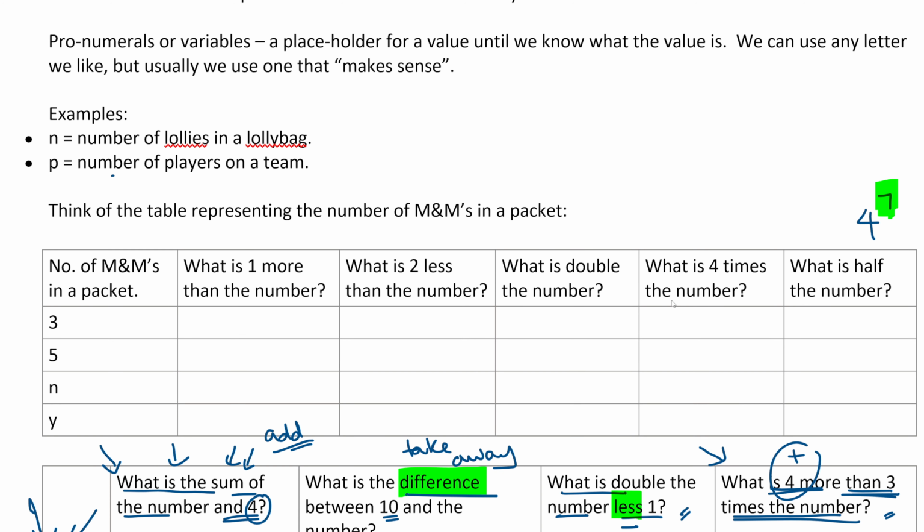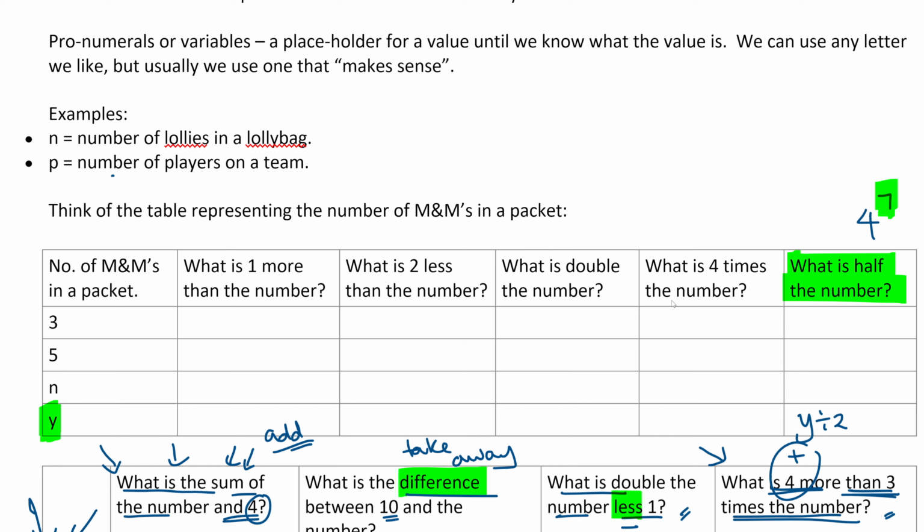What is half the number? If the number is y, halving means dividing by 2, so it will be just y divided by 2. We just leave that as it is because we don't know what the answer will be. The answer depends on what y is.